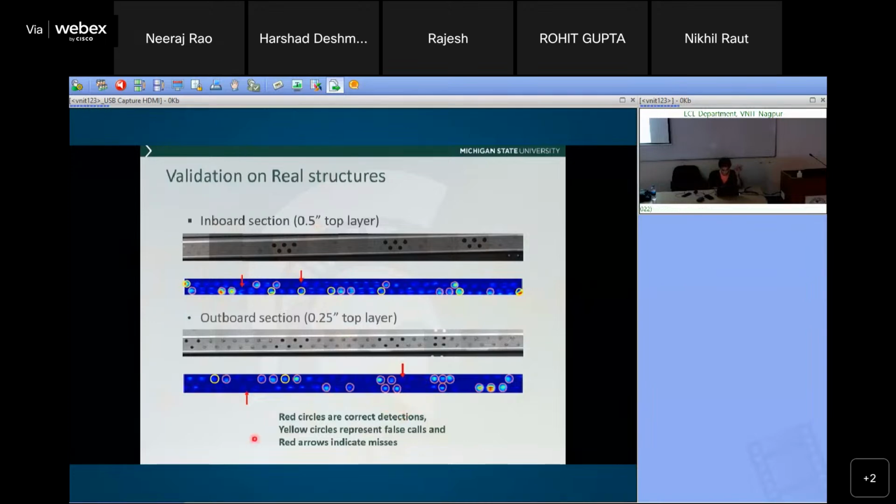There were 2 misses, very small defects, but the false calls were reduced to just 2. So the performance, I think, the first time going to the actual aircraft and making measurements, not totally blind, was very good. This is one more thing that I wanted to show, but I didn't have it.